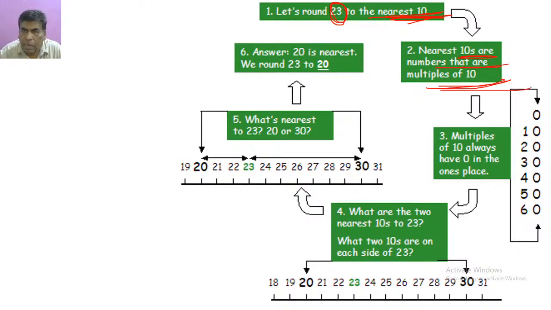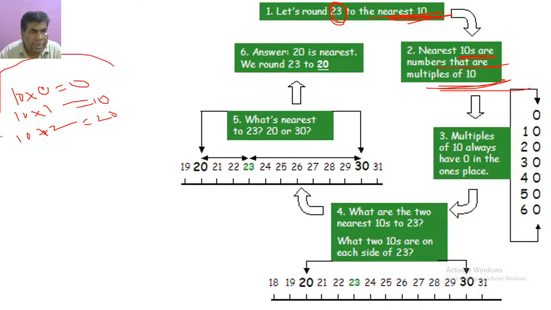You might know the 10 table. 10 zeros are 0. 10 ones are 10. 10 twos are 20.